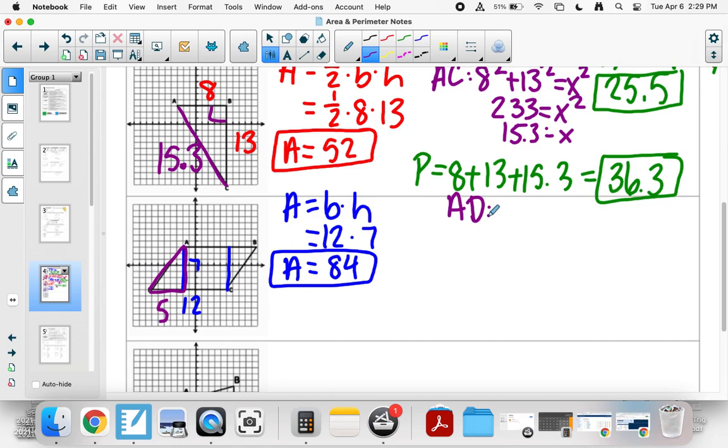So again, start with Pythagorean theorem. 5 squared plus 7 squared equals x squared. 25 plus 49 is 74. Since we're just using it for perimeter, I would just square root this and get a decimal. 8.6.